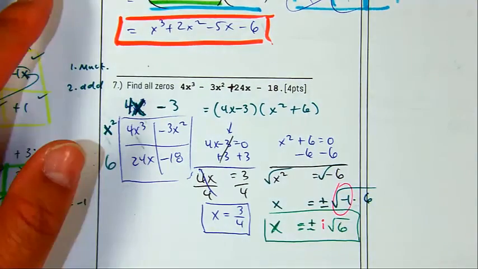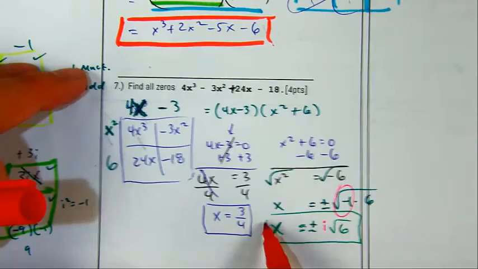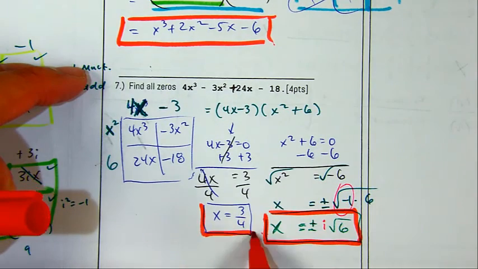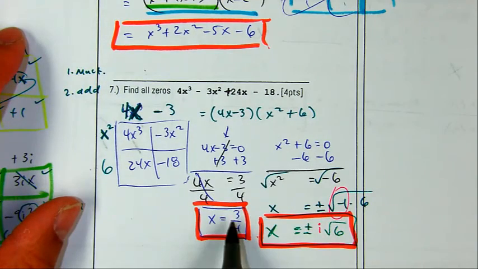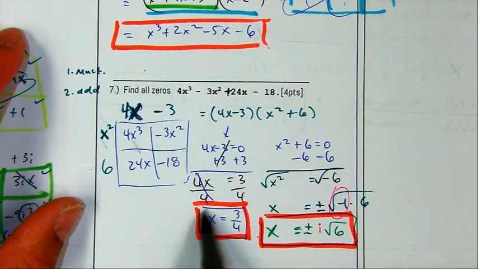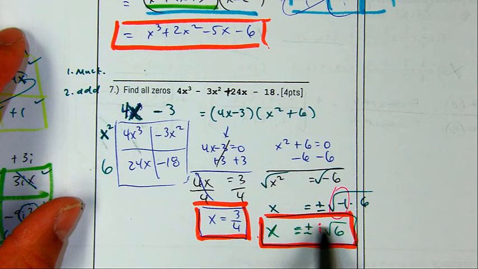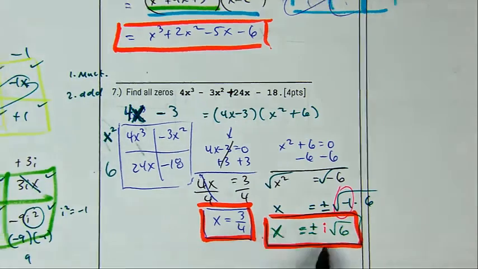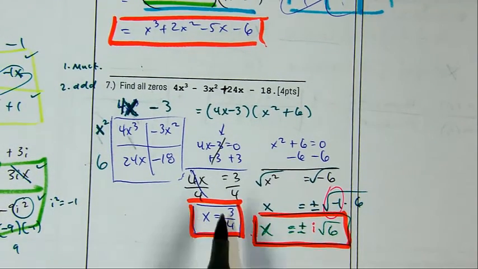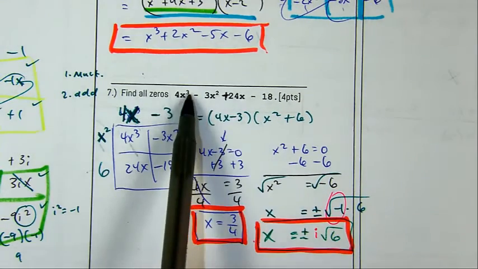And so you have one real and two complex: positive i rad 6 and negative i rad 6. So that means you have 3 zeros, 1 real, 2 imaginary, so that gives me the degree of the polynomial.